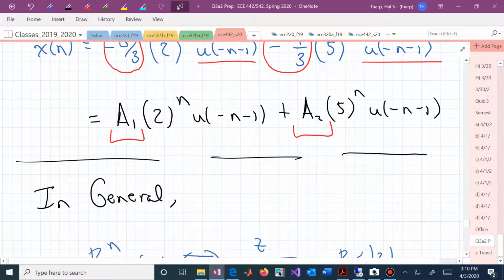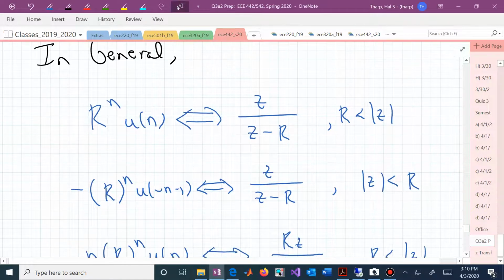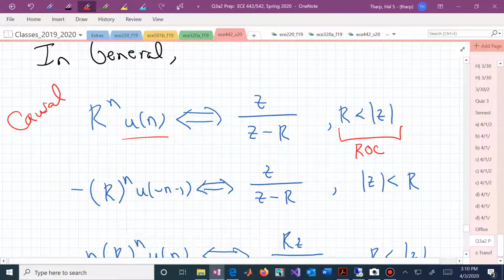In general, here's sort of a summary. What do you know here? Well, this now says causal, as does that. This is the region of convergence, and this says I have a causal sequence. Now you can directly read those from the table.